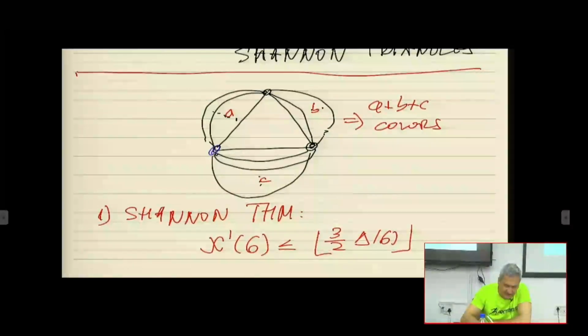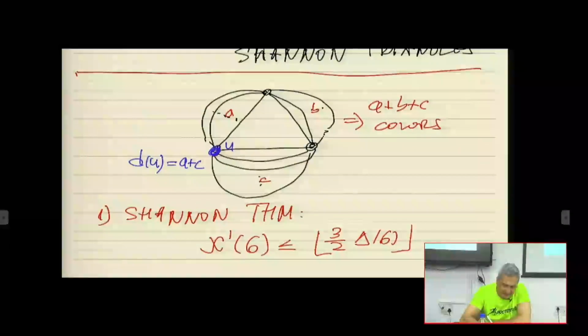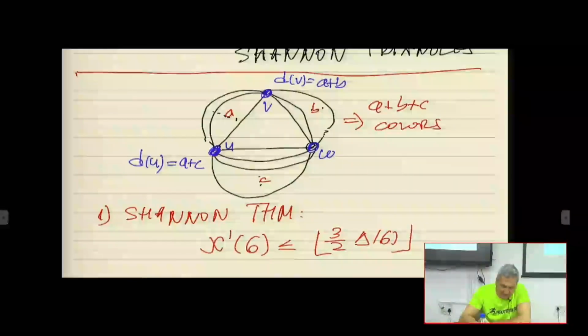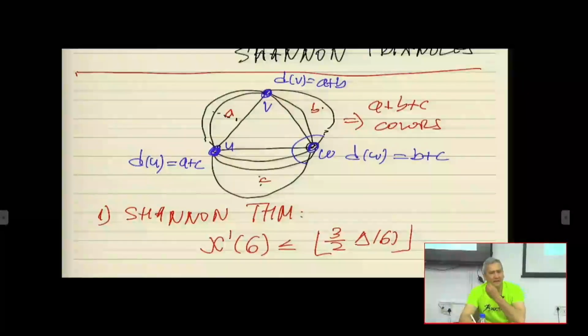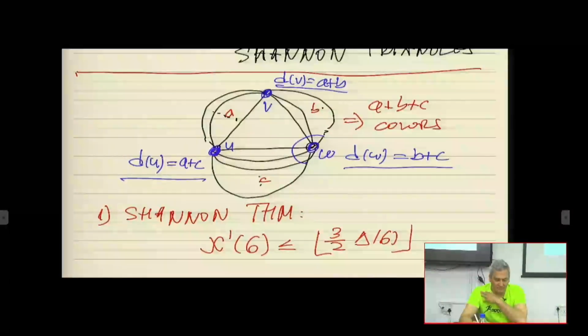At this vertex U, the degree of U is A plus C. At this vertex V, the degree is A plus B. And at this vertex W, the degree is B plus C. Okay? So it's not like 2. We count every edge. If some edge appears with multiplicity 5, then we count 5.